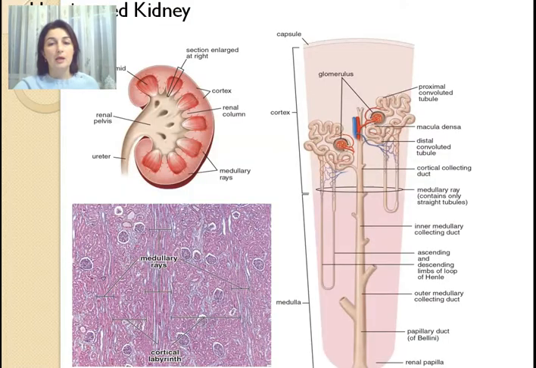First of all, let's talk about the urinary system. We know that the urinary system eliminates the toxins and the excess of fluid from the body, and at the same time it preserves necessary ions, salts, water inside of the body.